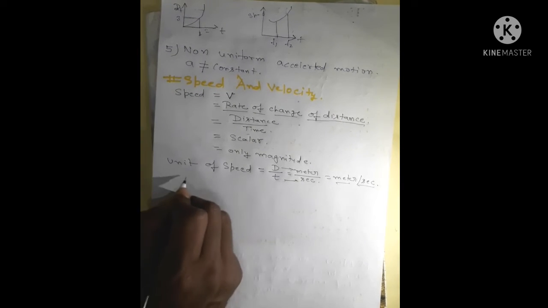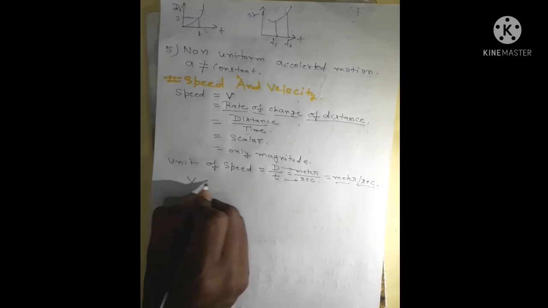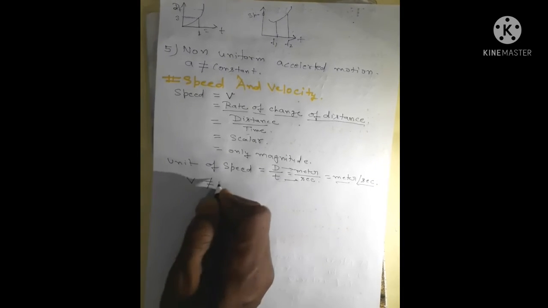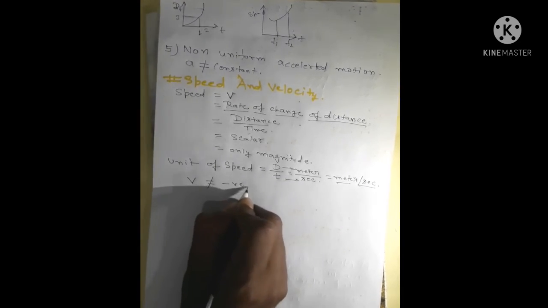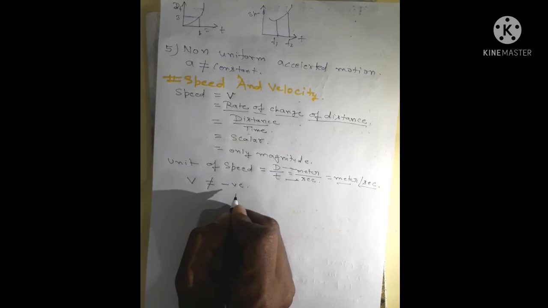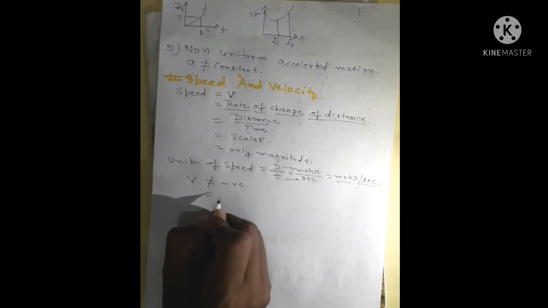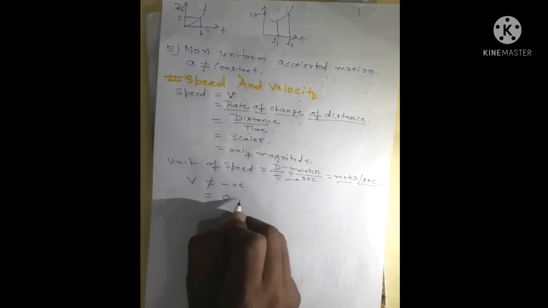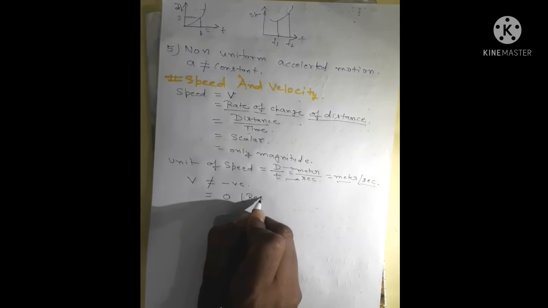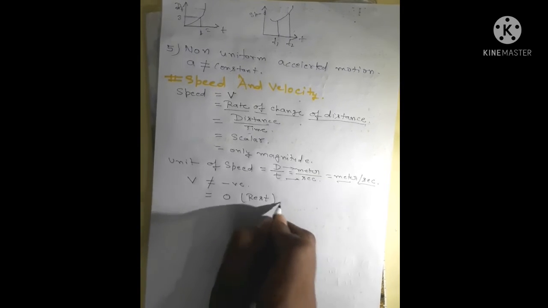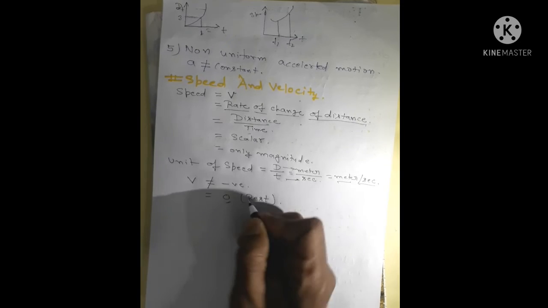Now, speed is never negative. Speed is always positive. Speed equal to 0 means rest. If the object is at rest, then speed is 0.